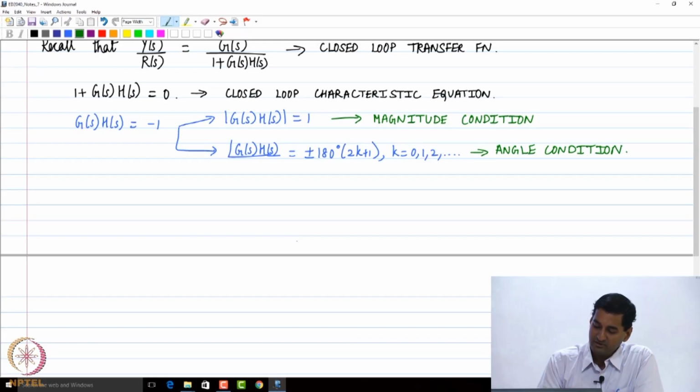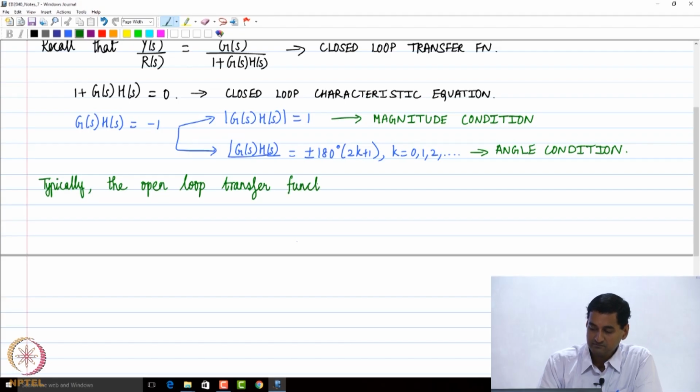And what we also discussed is that typically the open loop transfer function can be expressed as the following. Okay.